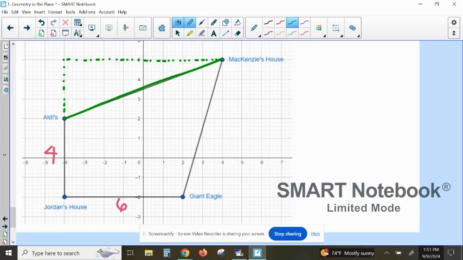Could I have drawn across here to there and then gone up and made a right triangle? I could have also done that. I could do that green one, or I could do this one. Those are the only 2 I could make for this. I could use this right triangle up here, or this orange one down here. I'm just going to erase so we don't get confused.